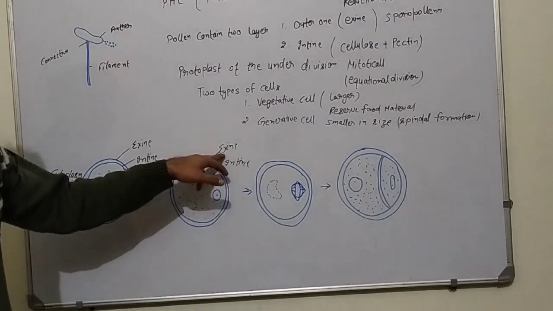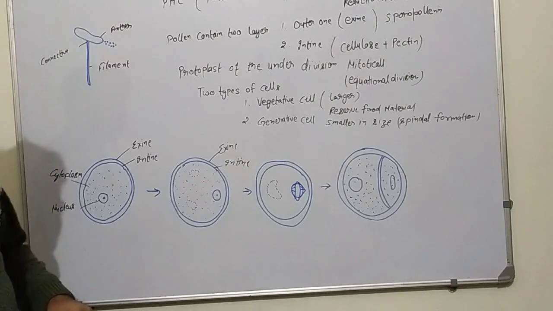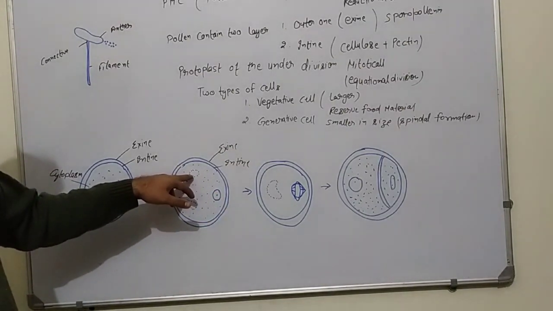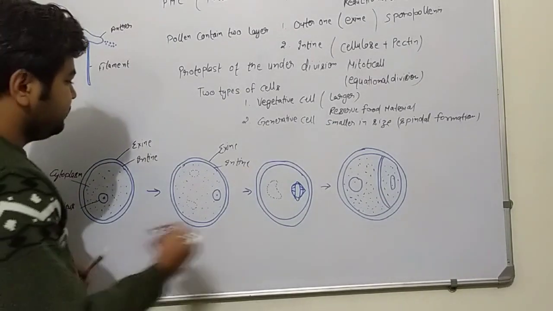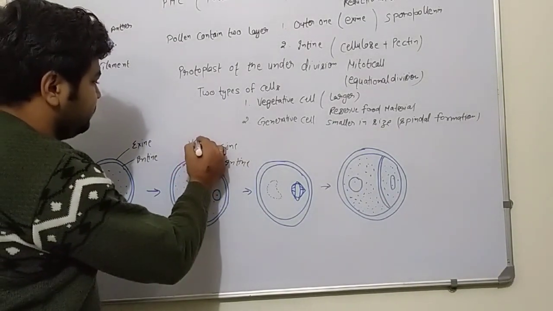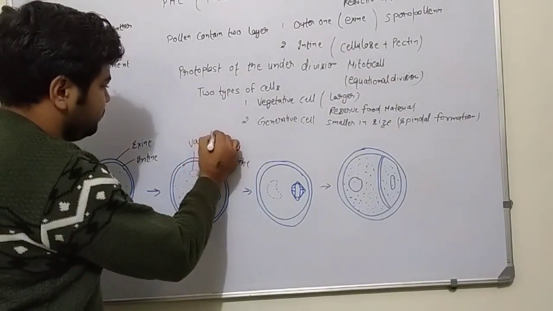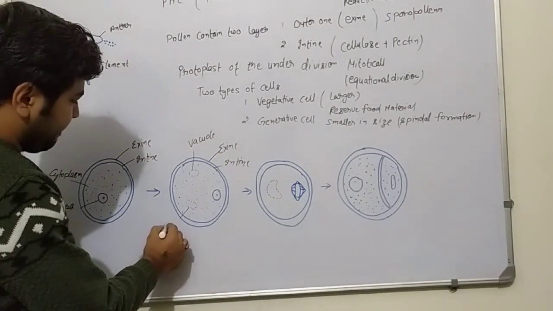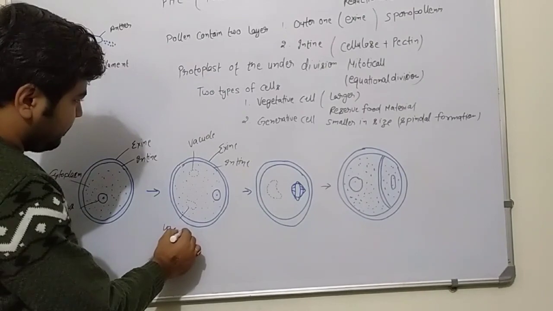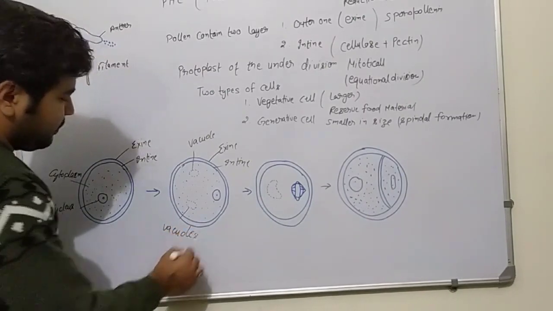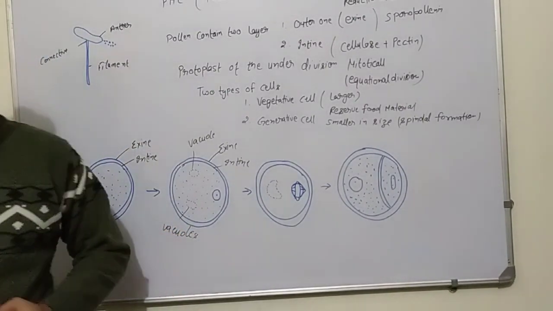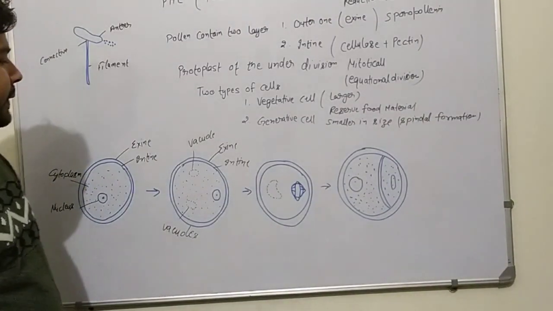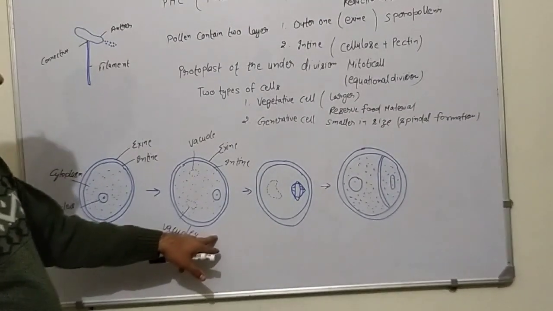This is the outer layer exine, and this is the inner layer intine. This is the nucleus of the pollen grain, and that is the vacuoles. This is the structure of pollen grain.